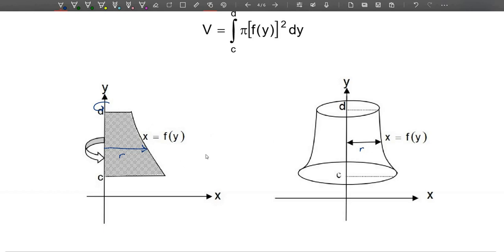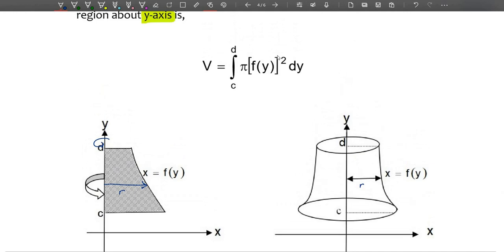Whenever your R is horizontal, you know that you need to integrate with respect to y. That means we will have a function in terms of y. The R should be in terms of y, and so c and d should be values of y, that means y1 to y2. As you can see, this is also an image of a circle.